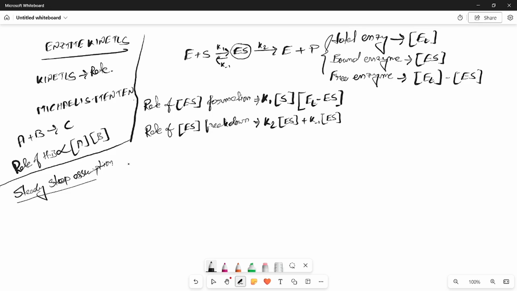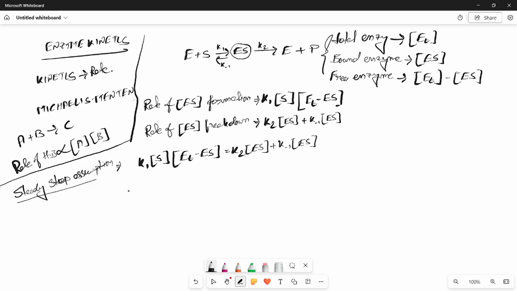Now how will it then look? Very simple. K1 S into ET minus ES equals K2 ES plus K minus 1 ES. Right? Now let's simplify the equation.